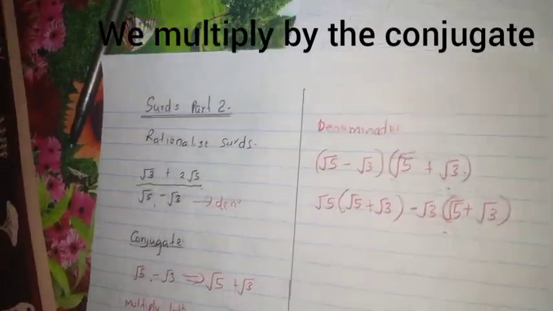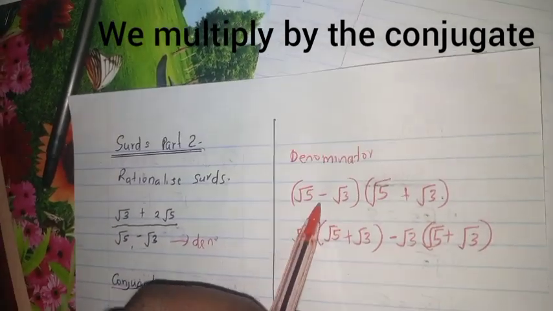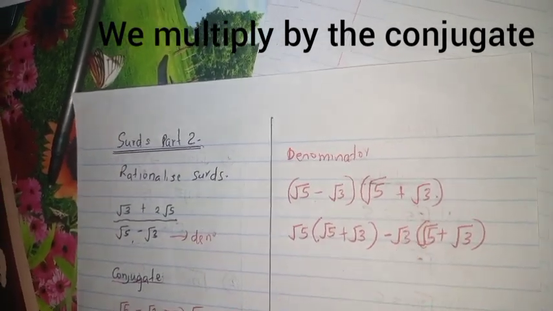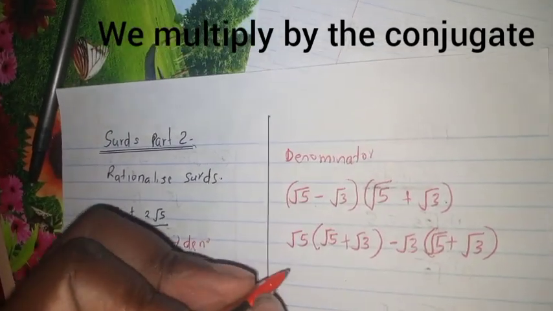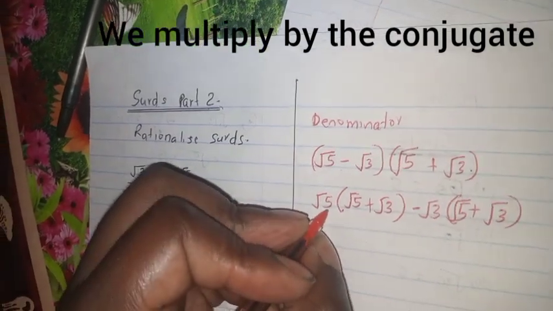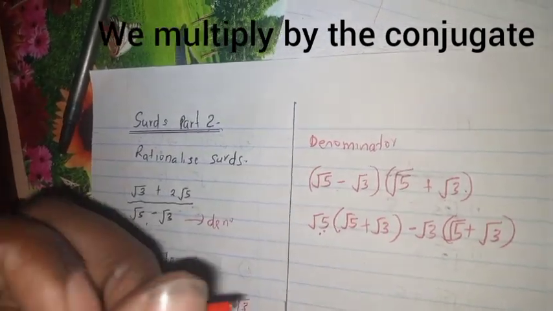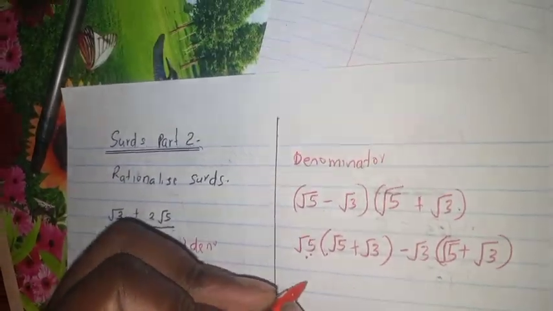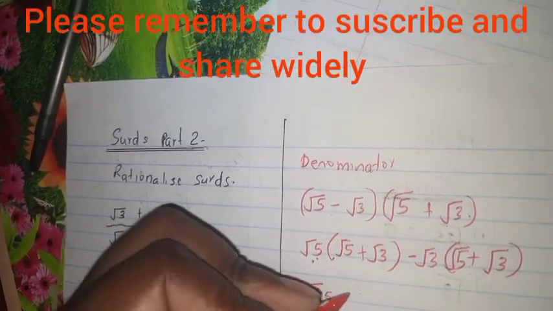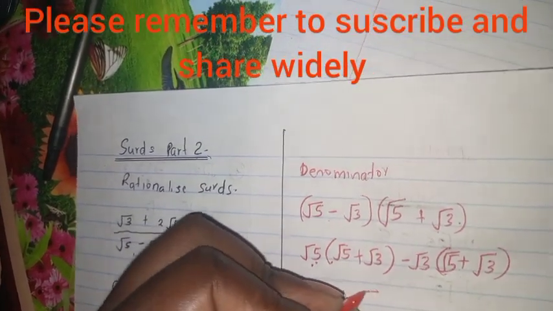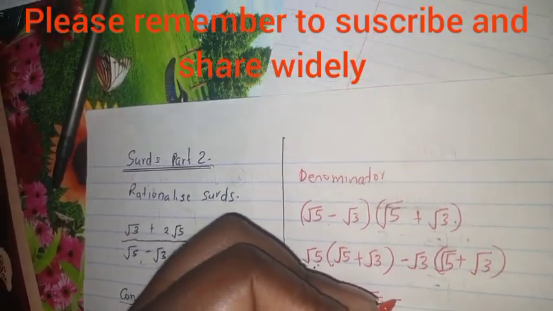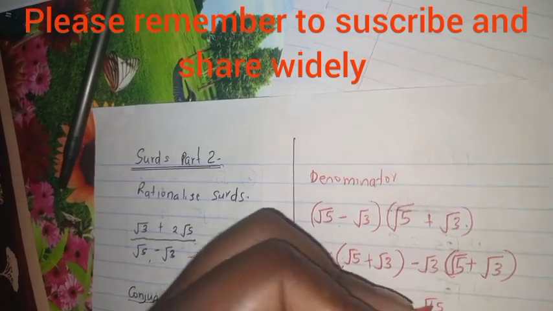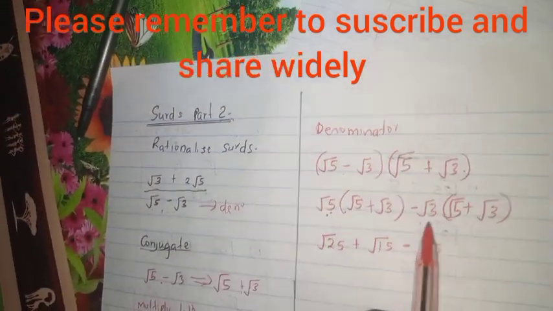In other words, we use the first bracket to open the second bracket, the method of expansion. If we multiply, the numbers inside the roots are multiplied by numbers inside the roots, and we have root 25 plus root 15, minus root 15.